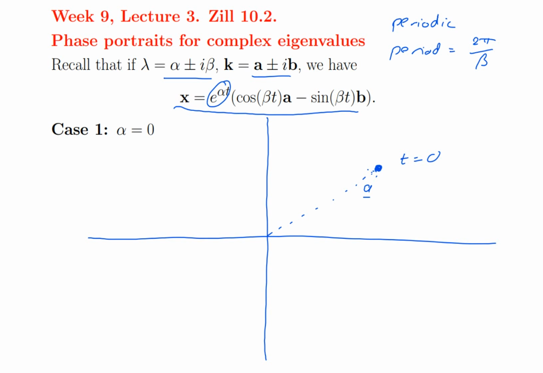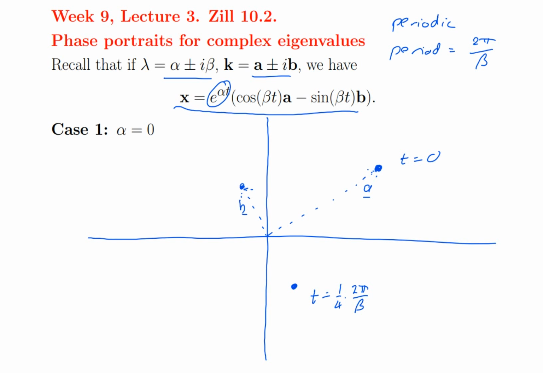That'll be t equals a quarter of 2 pi over beta, so the arguments of these sines and cosines are pi over 2. Cosine of pi over 2 is 0, sine of pi over 2 is 1, so I'll be pointing in the direction minus b. So let's suppose b is here. I'll be in the direction minus b at t equals a quarter of 2 pi over beta.